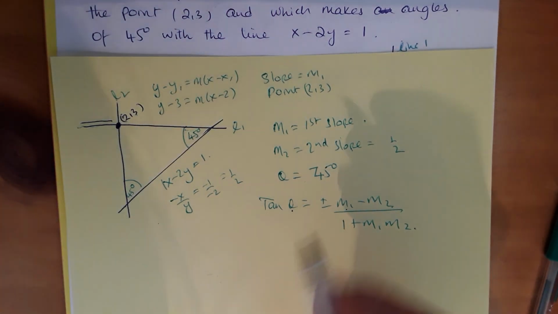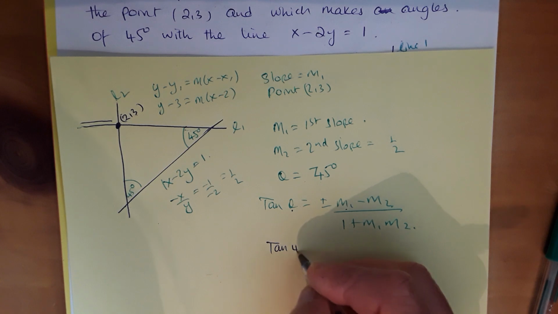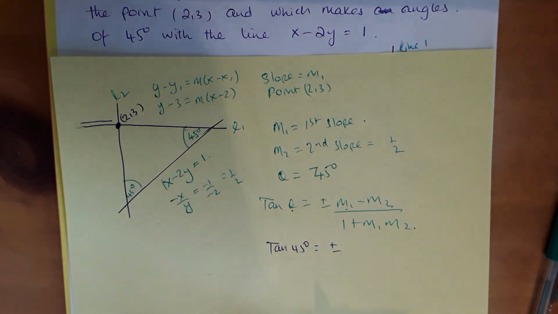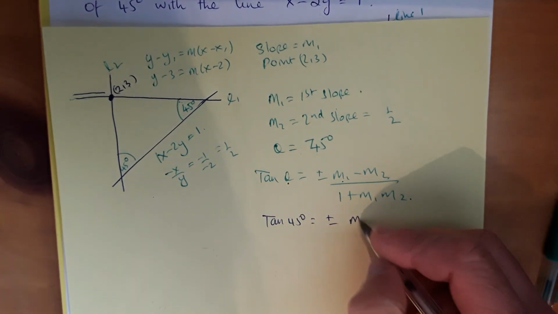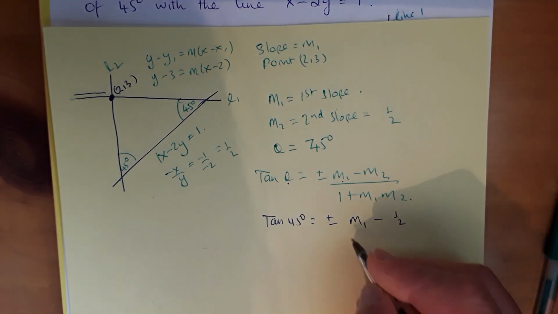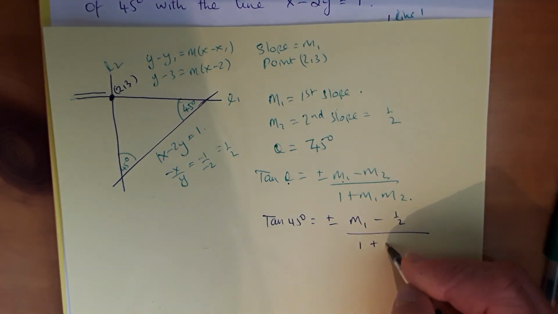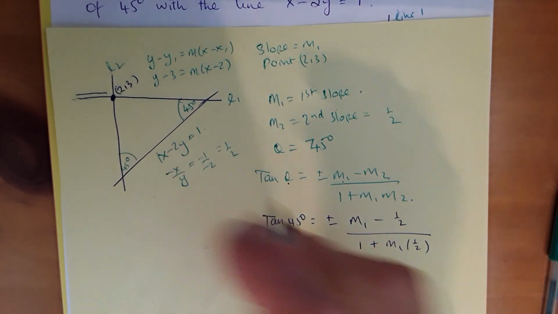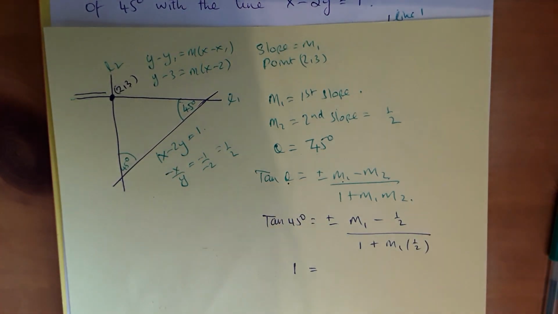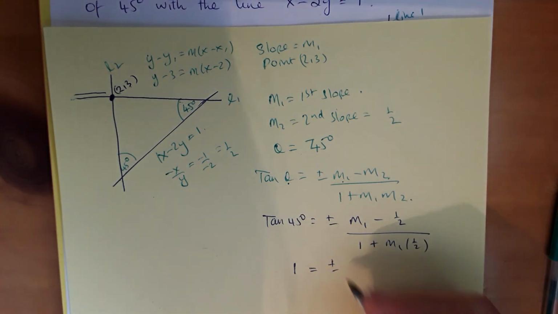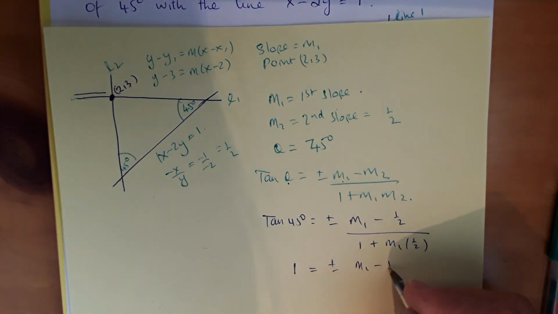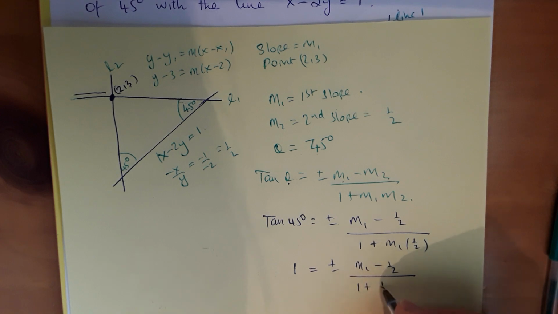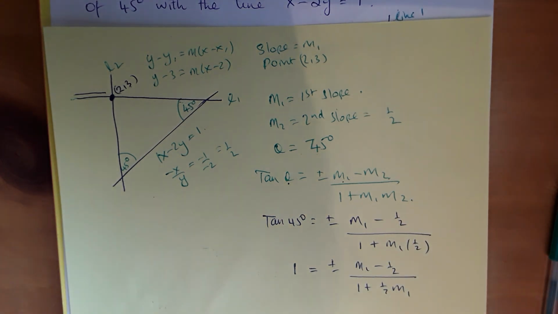So now I would have tan of 45 degrees equals plus or minus (m1 minus a half) over (1 plus a half m1). What you're doing now is taking it a step further, working backwards. So tan of 45 degrees is 1 from your calculators.